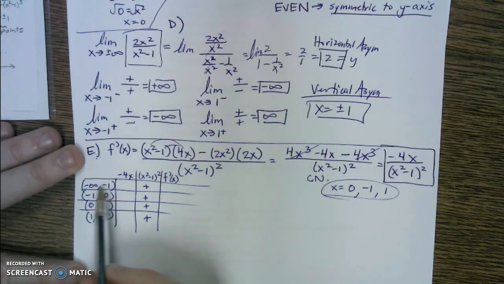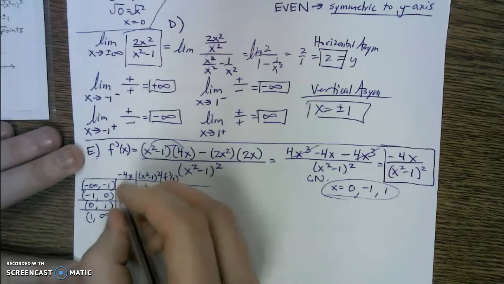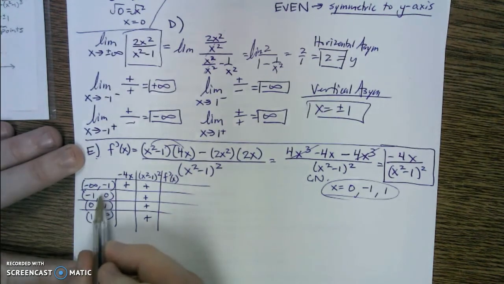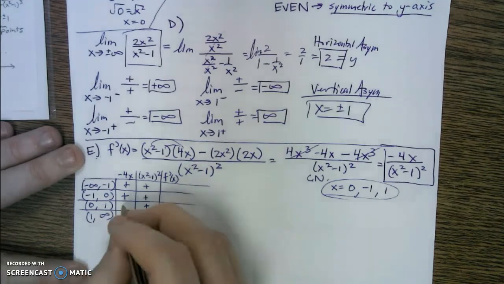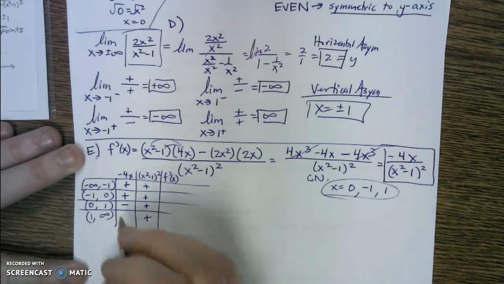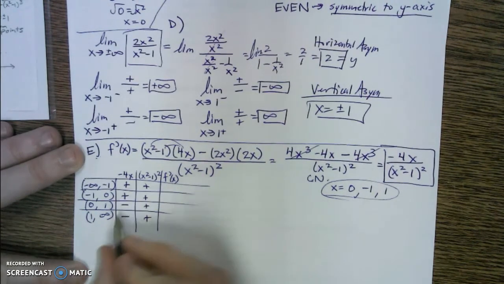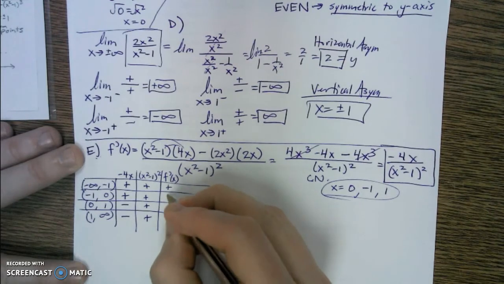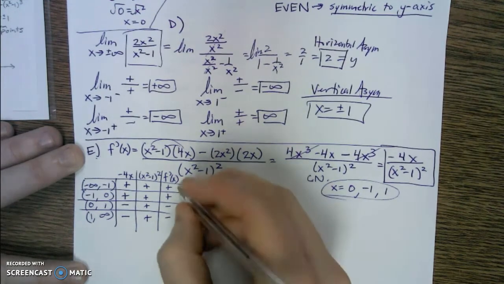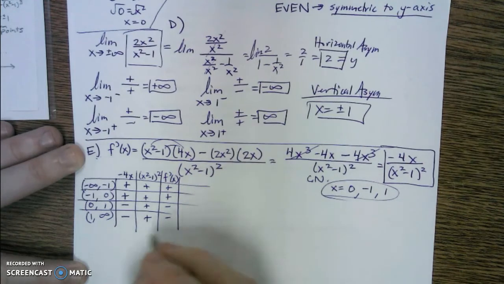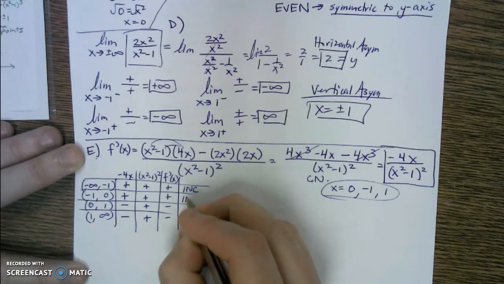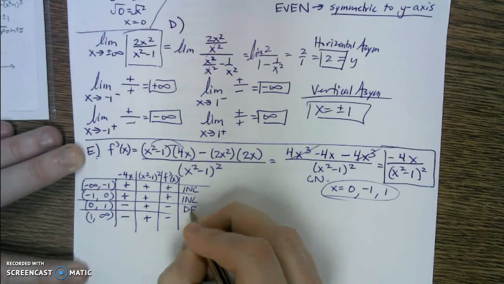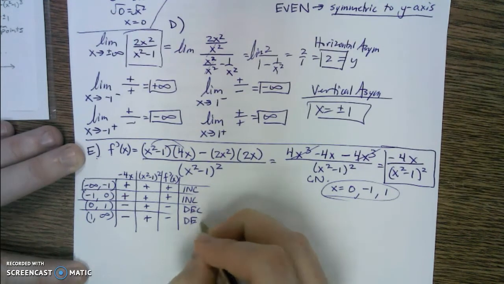So if I plug in a negative here, I'm going to get a positive. If I plug in a negative, I get a positive. Here I'm plugging in a positive, I would get negative, and a positive is going to give me negative. So when I multiply these, my derivative is positive, positive, negative, negative. So that tells me that it's increasing, increasing, decreasing, decreasing.